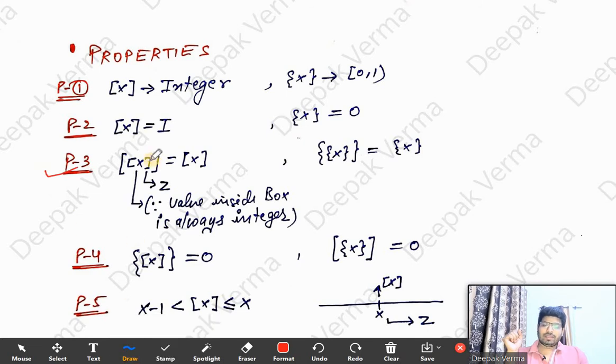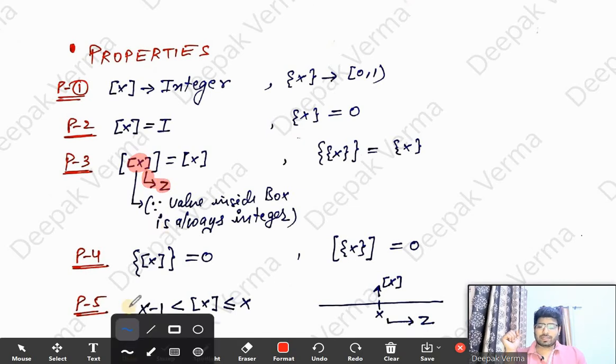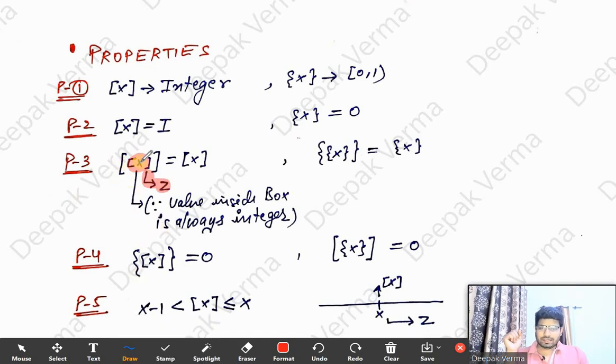Property 3. If we have box of box x, now we have a double box here. Box, then inside again we have box. Got it? Since box x is an integer itself, let's understand it by taking an example.